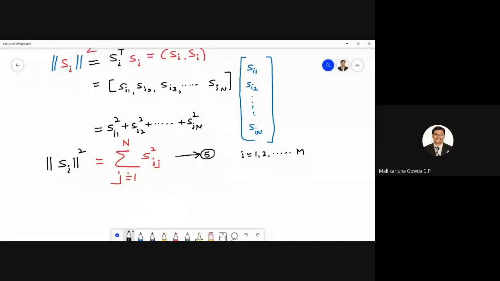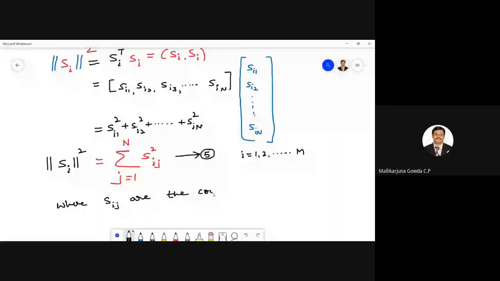And here Sij are the coordinates of the signal vector Si.